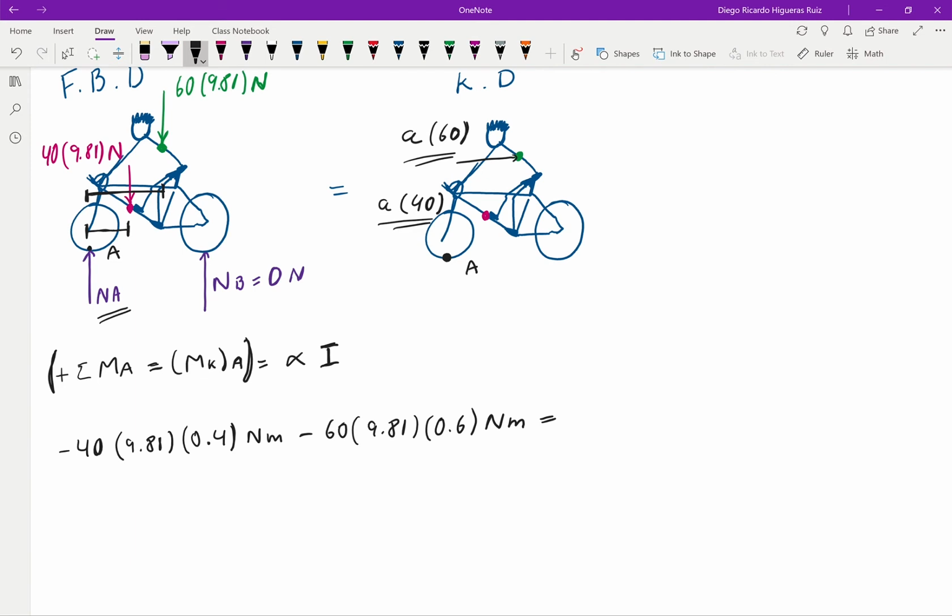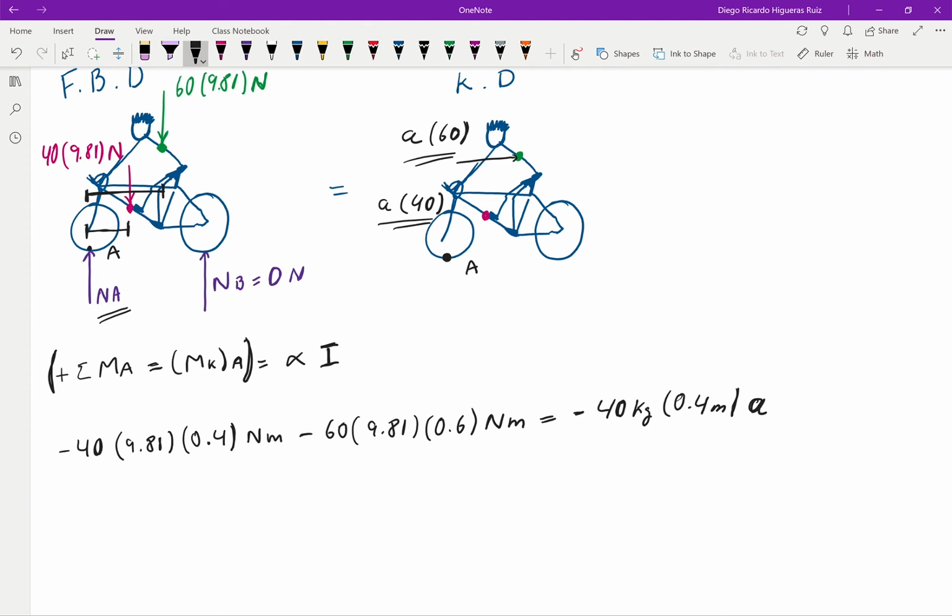Again, both of them are going to be negative if we use the right hand rule. That's going to be minus 40, which is kilograms, times the distance, which is 0.4 meters, times the acceleration.